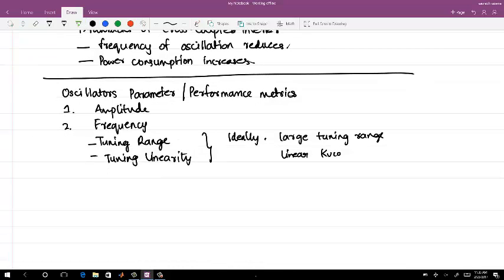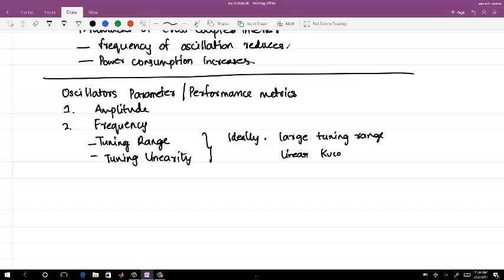Whichever VCO you are designing, you have to evaluate what the tuning range is and what the linear range of the KVCO is. And we have seen that with the change in the KVCO, you vary the bandwidth and the phase margin of the PLL if you do not track it properly.